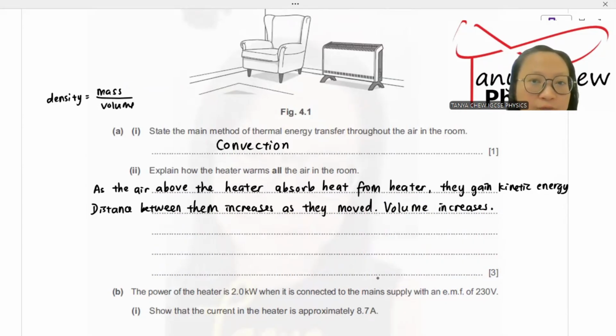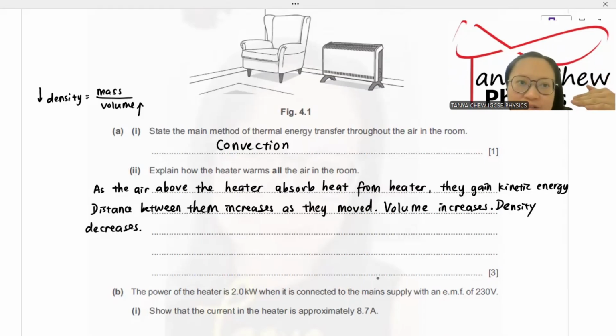Since there is the same number of air particles inside the room, the mass of the air particles will be the same. Now the volume increases, what will happen to the density of the air close to the heater? The density decreases. So when the density decreases, they are less dense. A less dense object will move upwards, so they will rise.